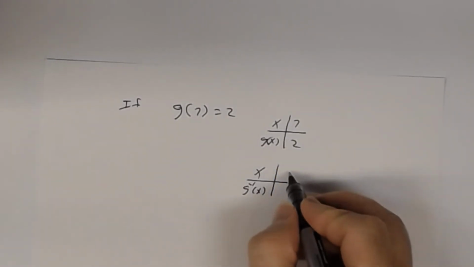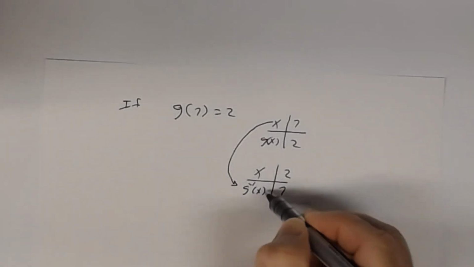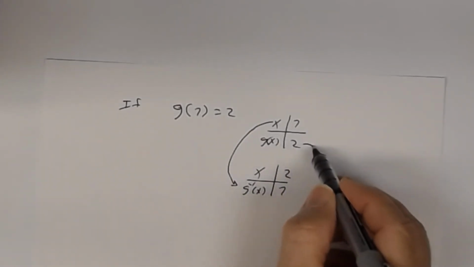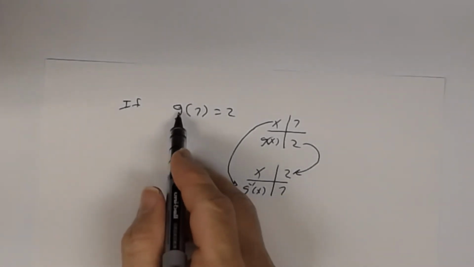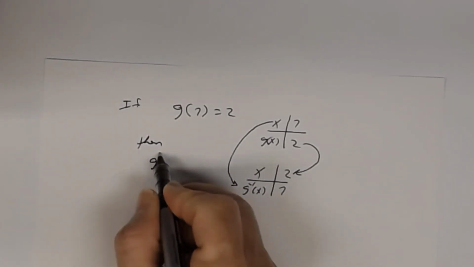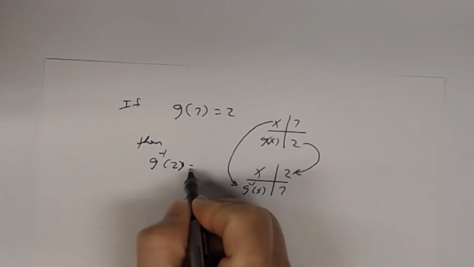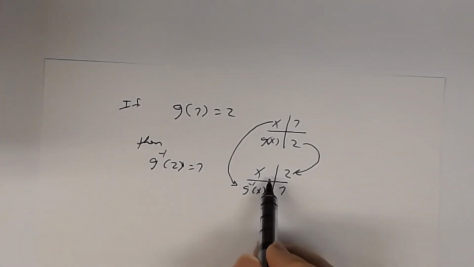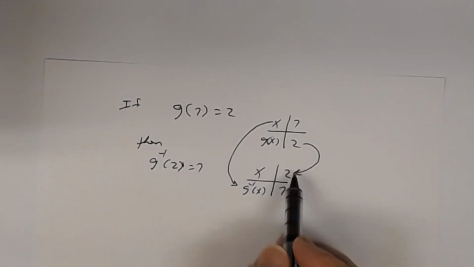So (7, 2) becomes (2, 7). The x becomes the y of the inverse, and the y becomes the x of the inverse. So if g of 7 is 2, then we know that g inverse of 2 is 7. And it's true because look, g inverse of 2 is what?